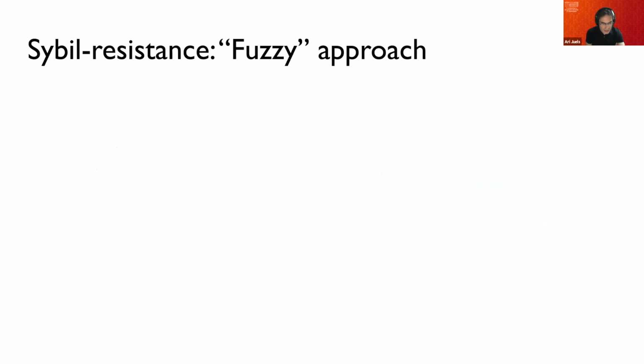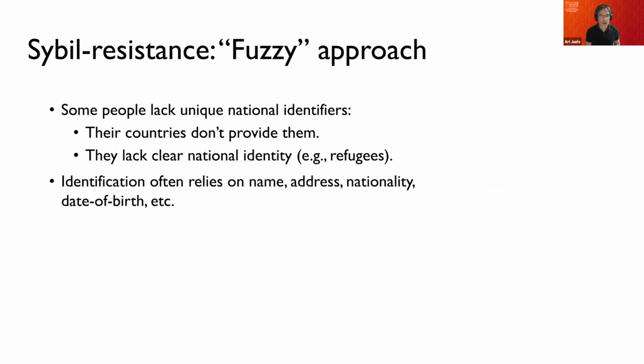Now, not everyone has a unique identifier issued by a national authority. So another approach that we have built into Candid, which I won't get into in detail, is what you call the fuzzy matching approach. So the idea here, and we're all familiar with the challenge of matching misspelled names to previously registered ones.